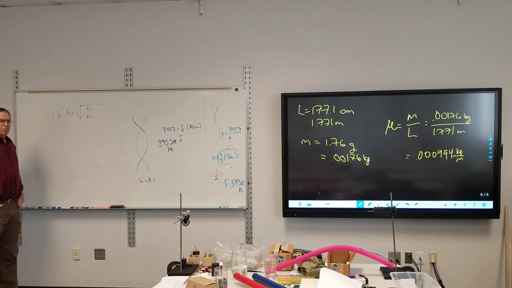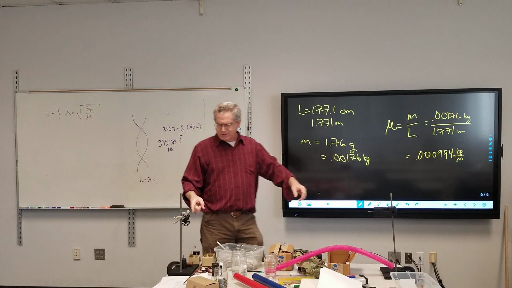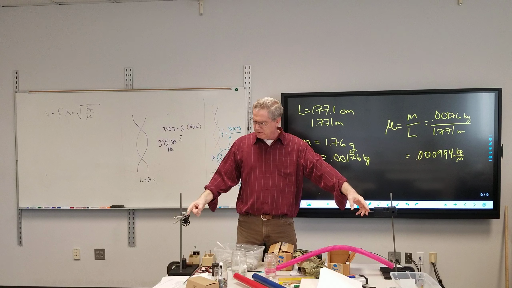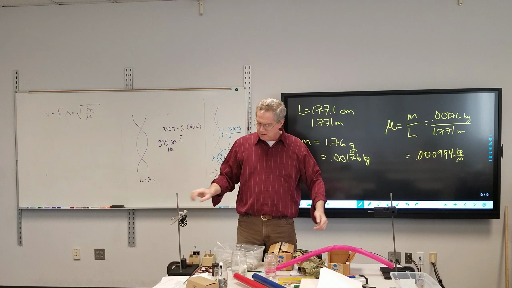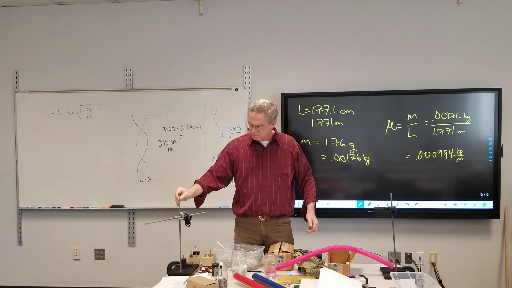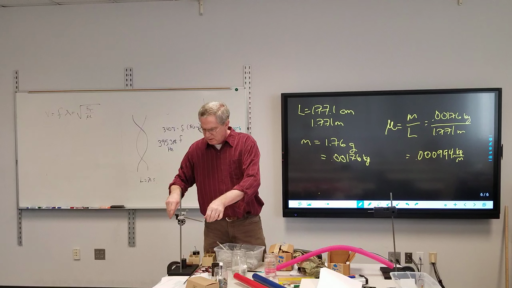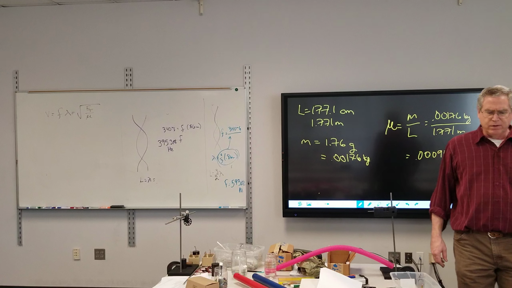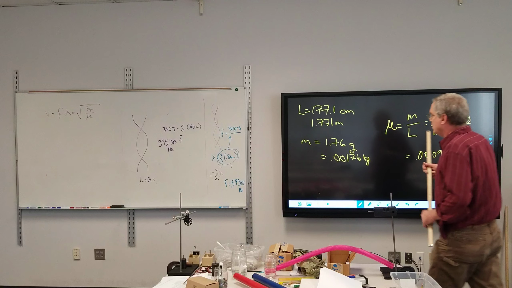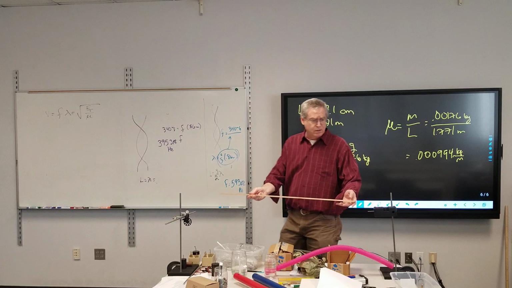For the first harmonic, I have this distance here, from here to there, which is going to be the vibrating length. So the only time we're using the entire length is for when we find the linear density.